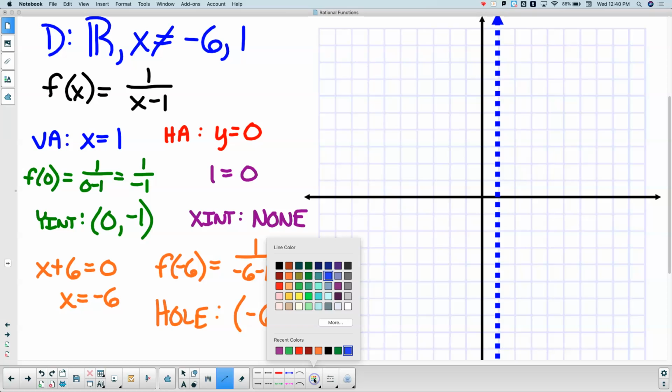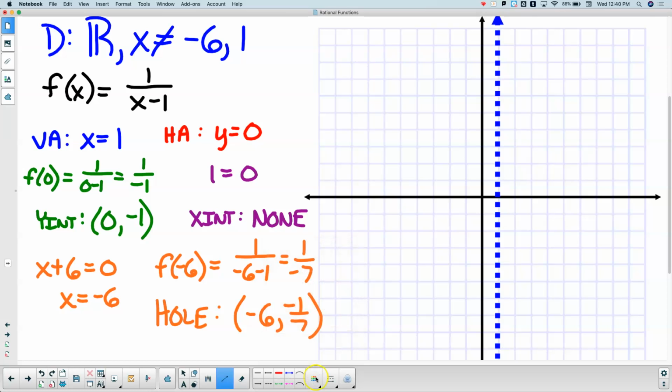Horizontal asymptote at 0. And I've got a y-intercept at (0, -1). I've got a hole at (-6, -1/7). Yes? Agree with all of that?